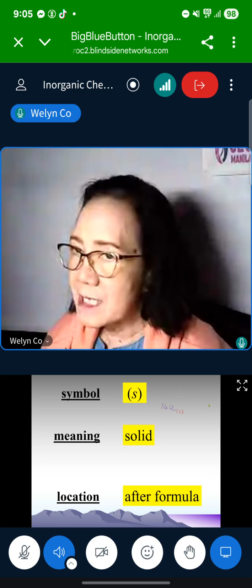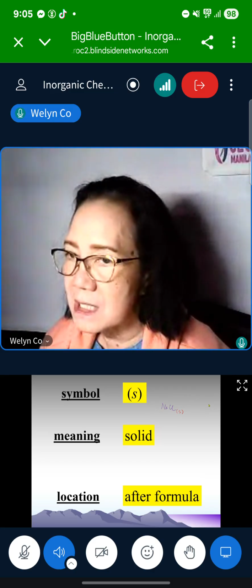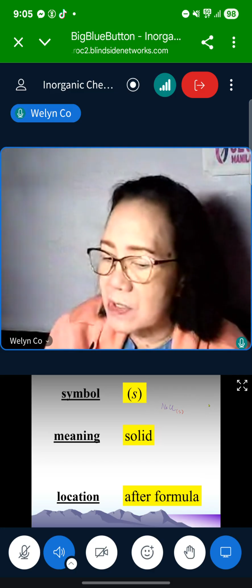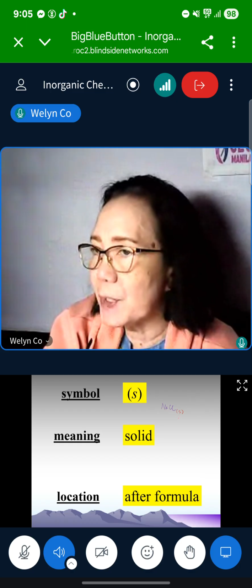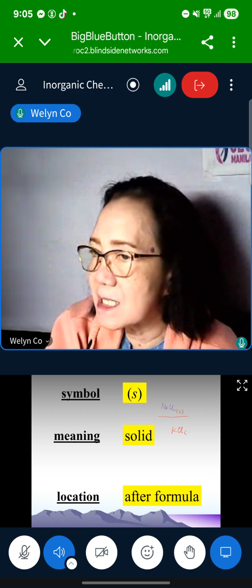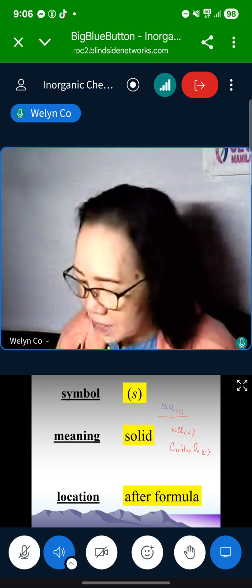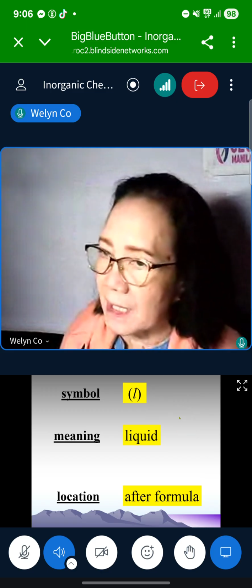And your symbol for S enclosed in parentheses, it means that the substance is a solid and this is written after the chemical formula like this, or your KCl(s), or your C12H22O11(s). It is enclosed in parentheses. It means that the substance is in a form of solid.